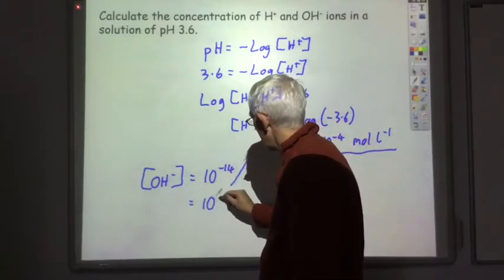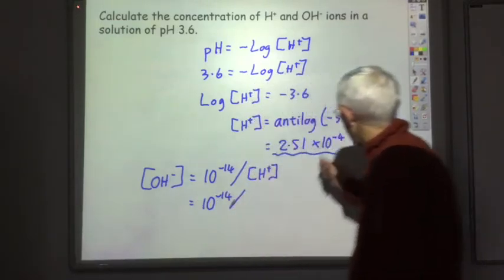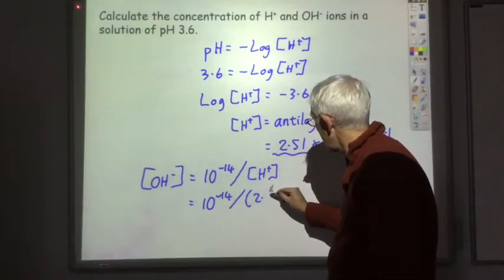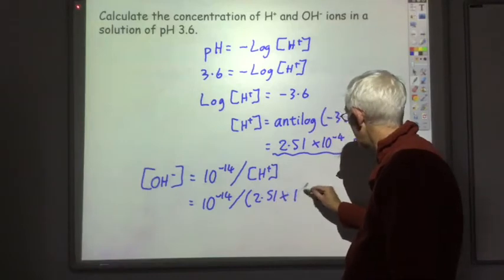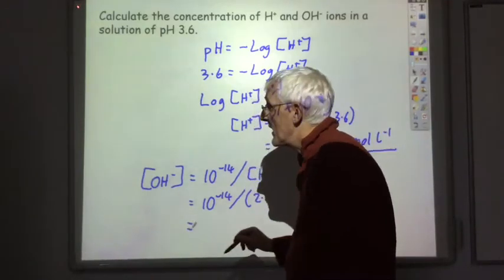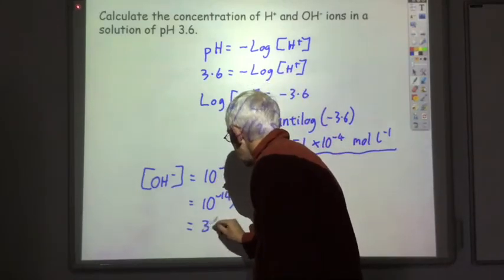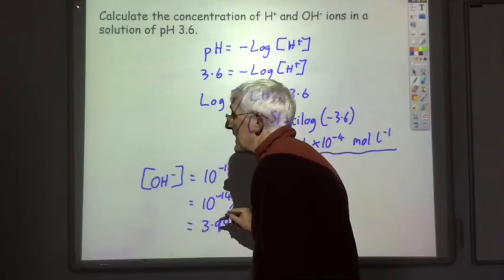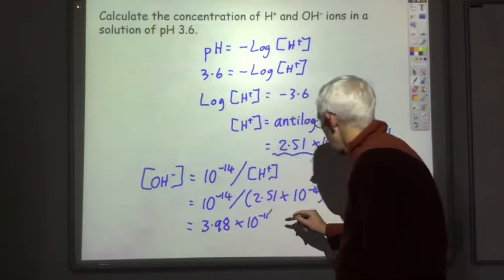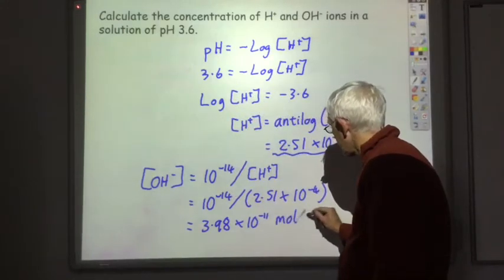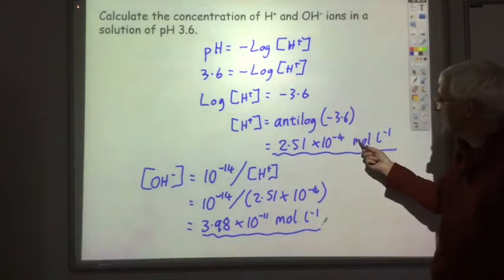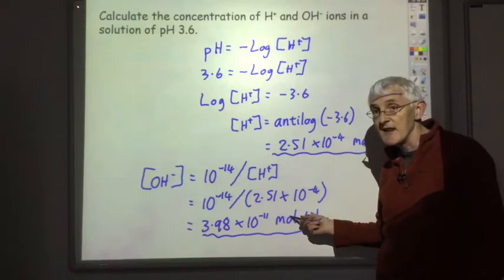So 10 to the minus 14 divided by this number here, 2.51 times 10 to the minus 4, and that comes out at 3.98 times 10 to the minus 11 moles per litre. So that's our hydrogen ion concentration, and that's our hydroxide ion concentration.